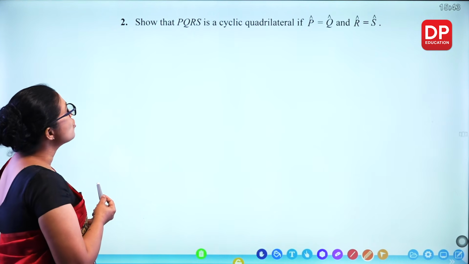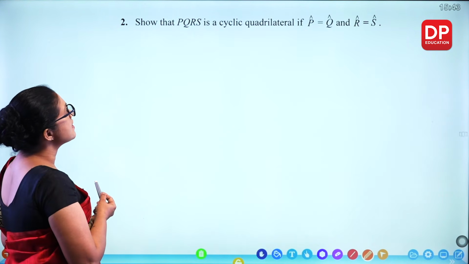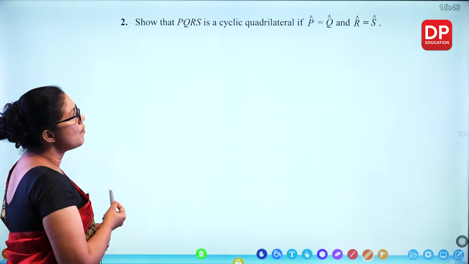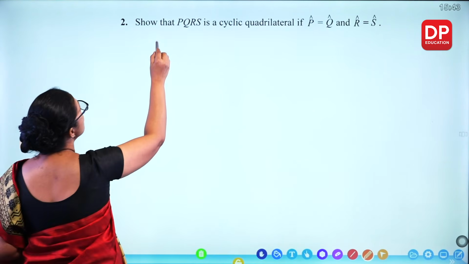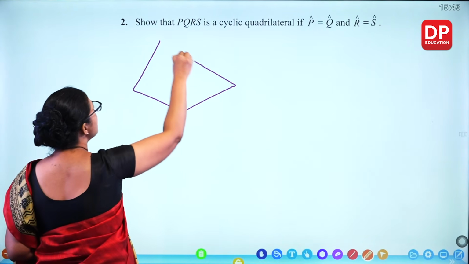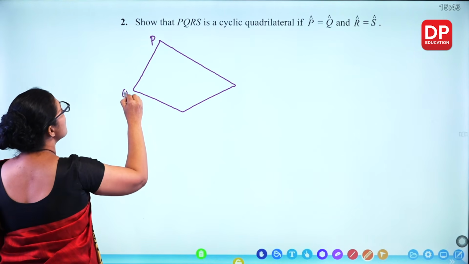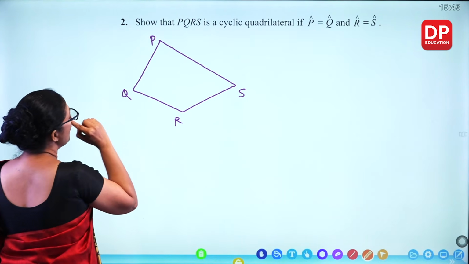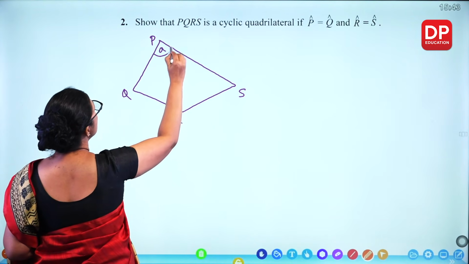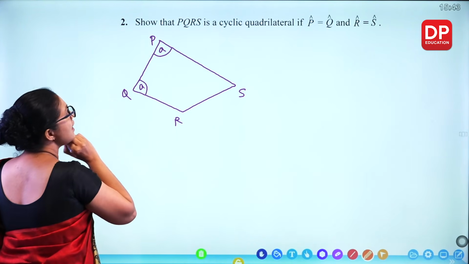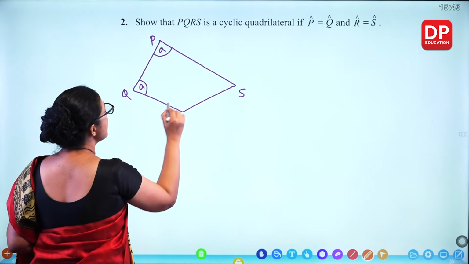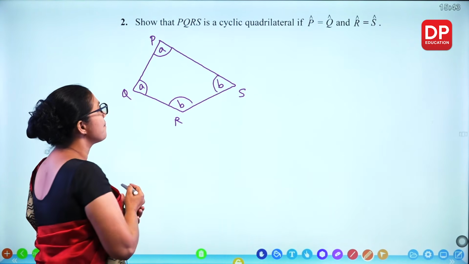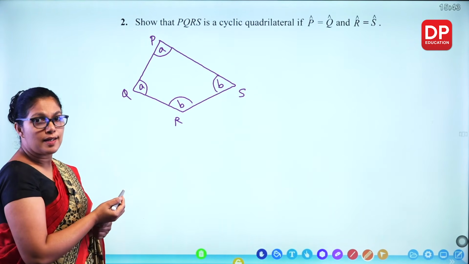Question number 2. Show that PQRS is a cyclic quadrilateral if P equals Q and R equals S. So we'll take any quadrilateral PQRS. P equals Q. We'll put A here, R and S. We'll put B. Now we know this is a quadrilateral.